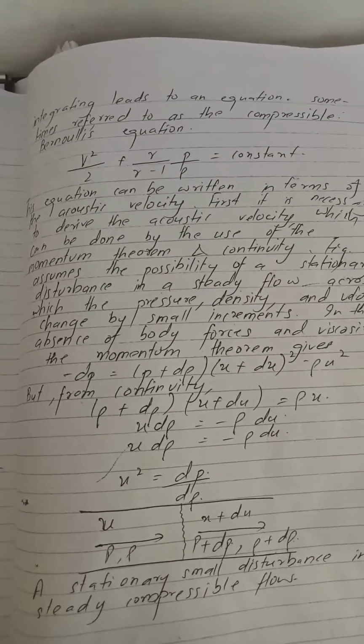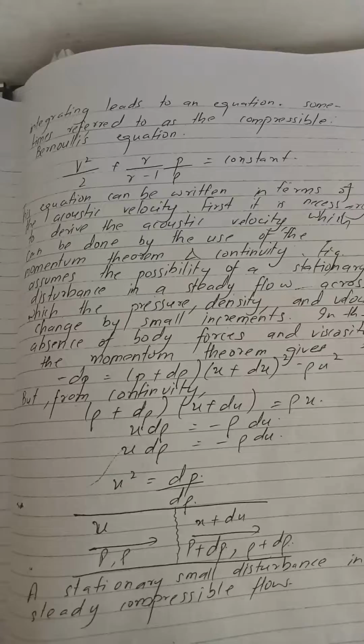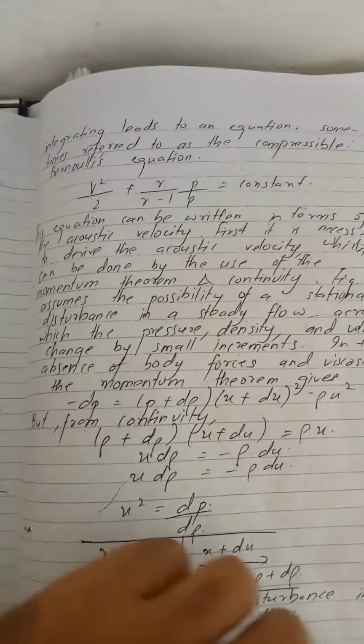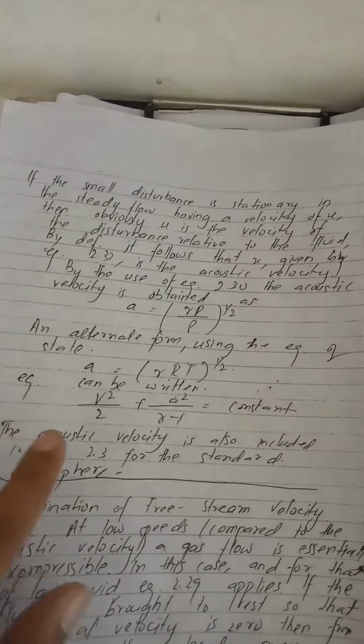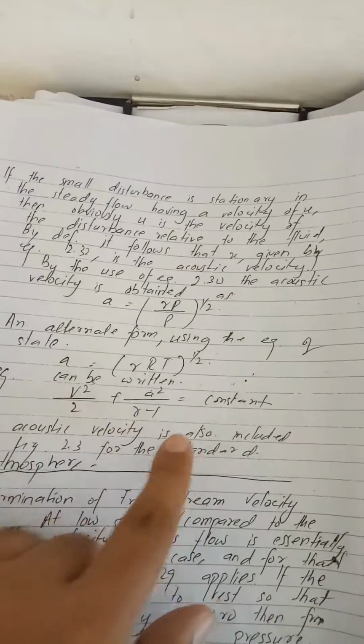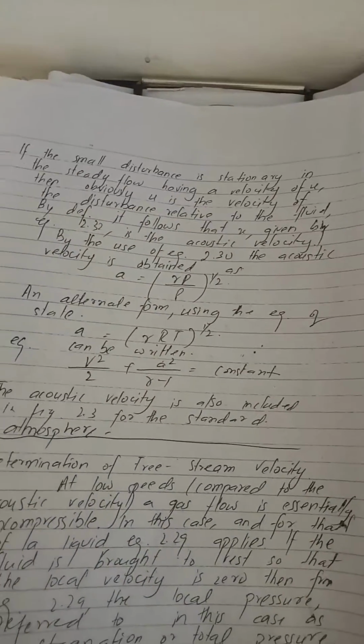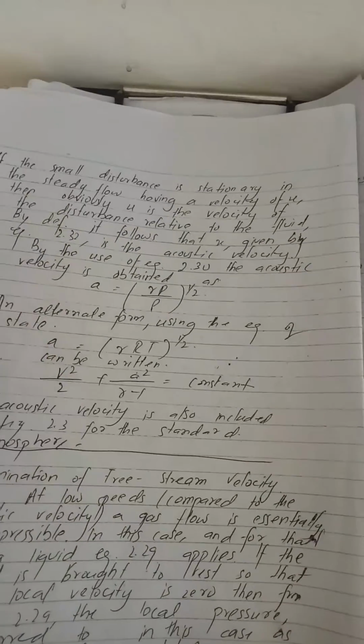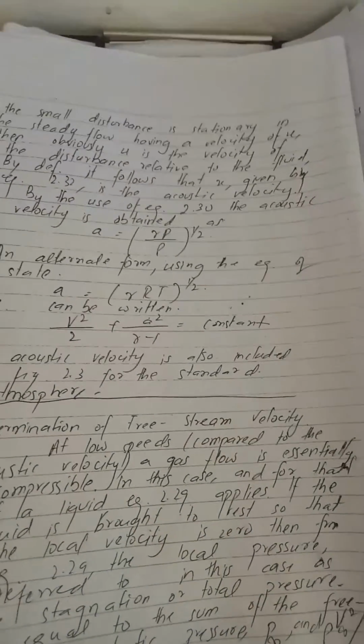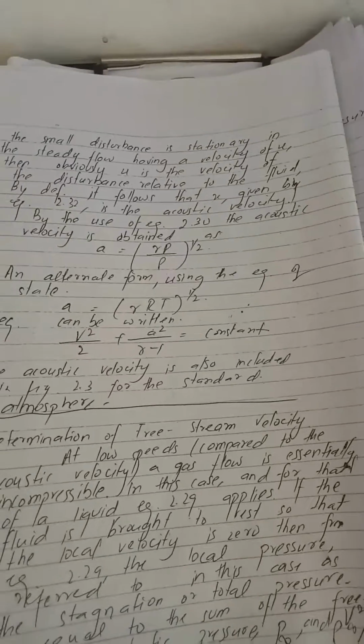acoustic velocity, we have actually explained the compressible Bernoulli's equation like this one. Because of the acoustic velocity, we have replaced terms, and we have considered that we can also relate it in terms of acoustic velocity as well.